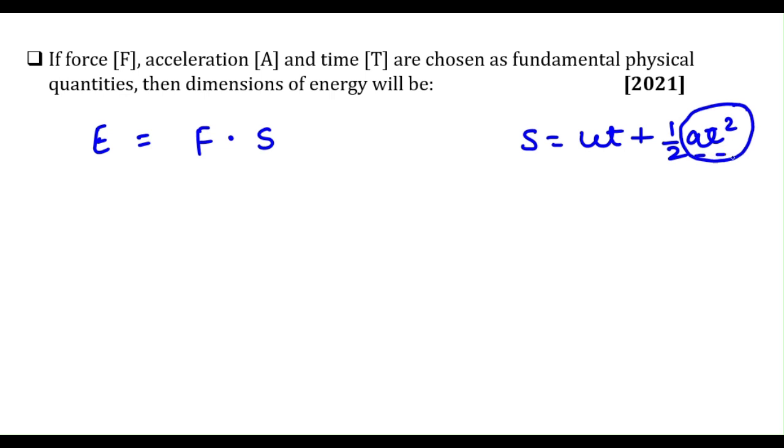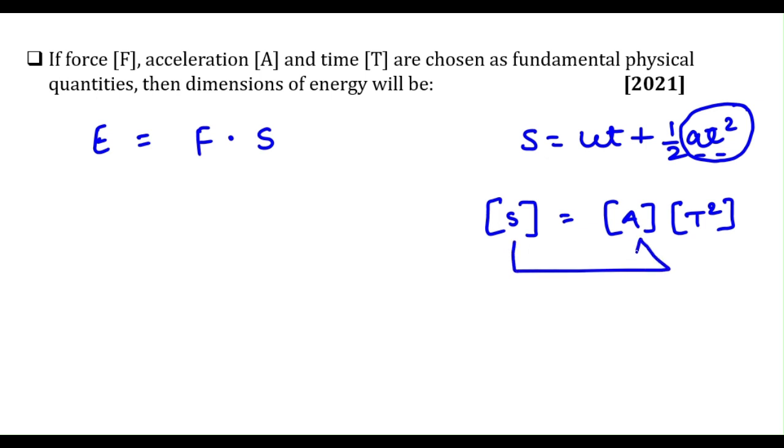Here we have acceleration and time as well. So if we want to write S in terms of acceleration and time, then dimensions will be A times T square. This is the dimensional formula for length if we are choosing acceleration and time to be fundamental physical quantities.